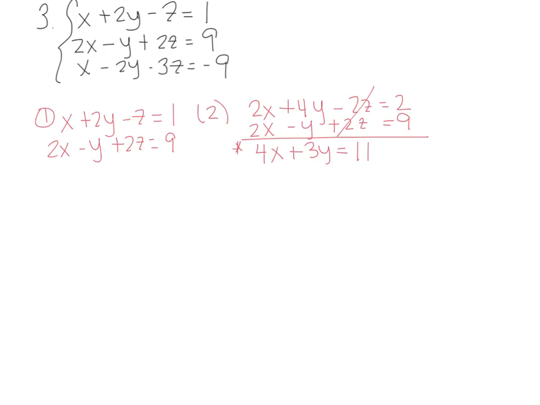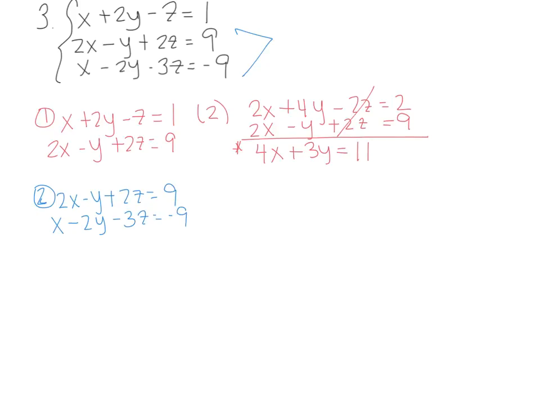Now, since I've eliminated z's in the first two equations, I'm going to take the second and the third equation right here, and I'm going to eliminate those. So what I'm going to do here is I have 2x minus y plus 2z equals 9, and then x minus 2y minus 3z equals negative 9.